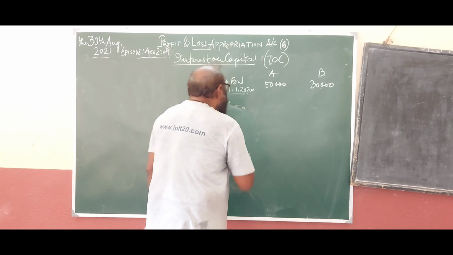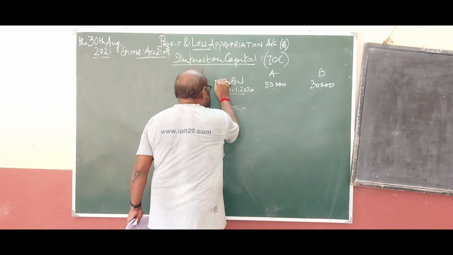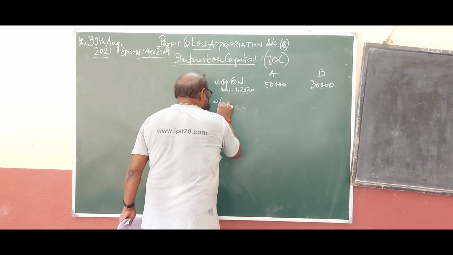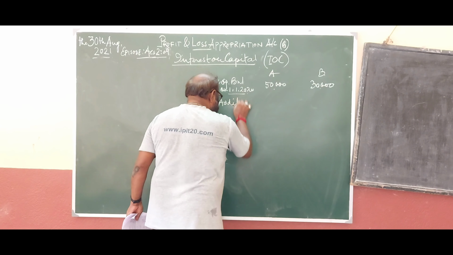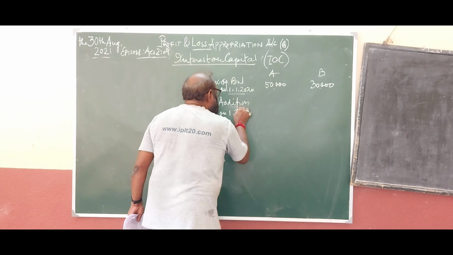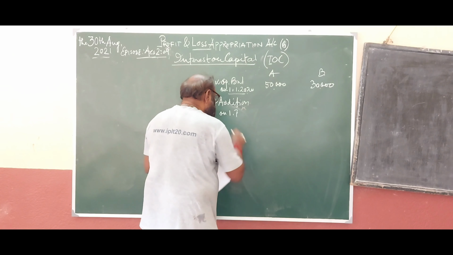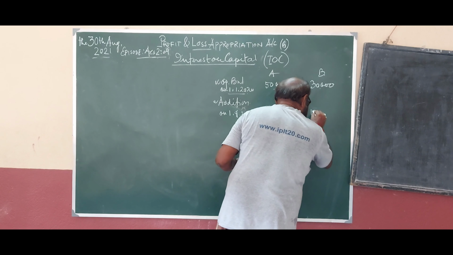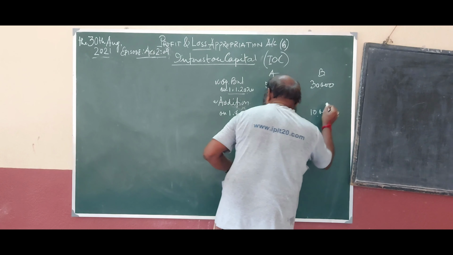And now additions, besides the opening capital. The addition by B in 2020 is 10,000.